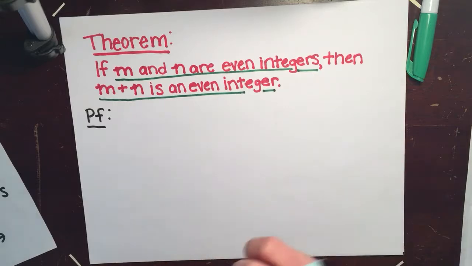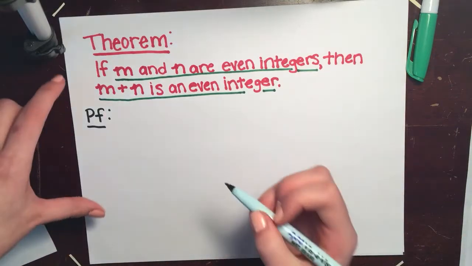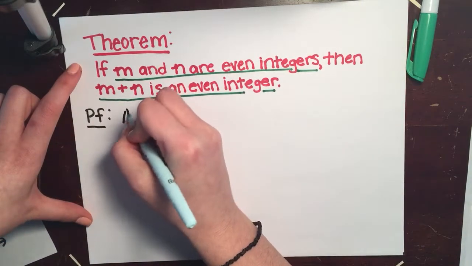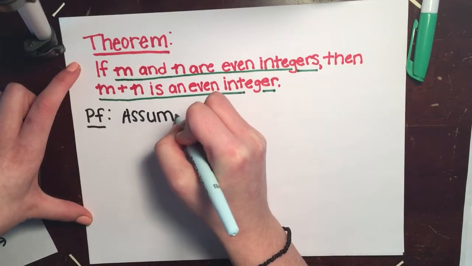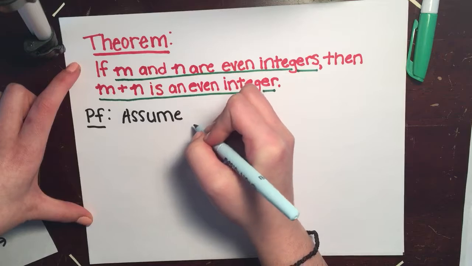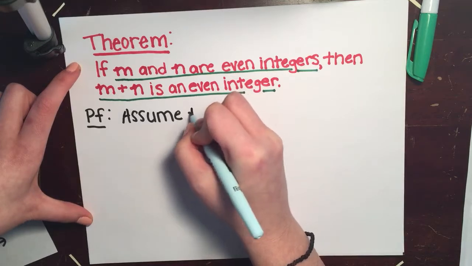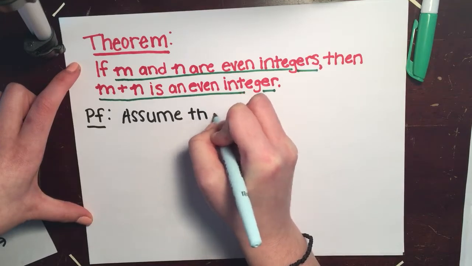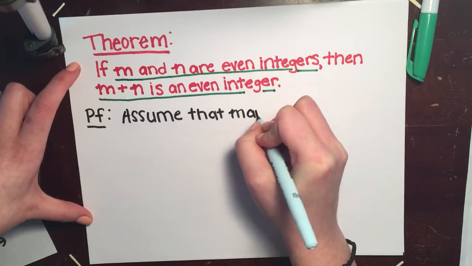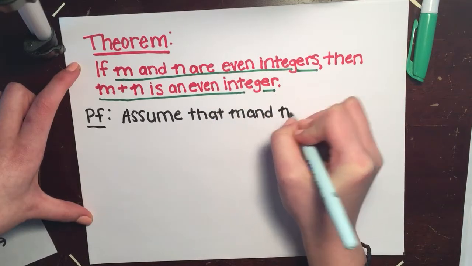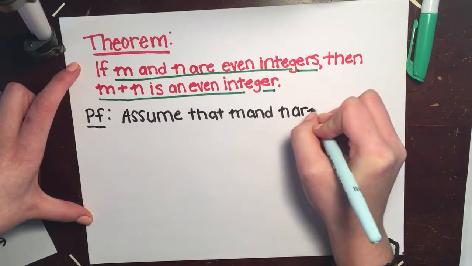So what did we say first? First, we're going to assume the hypothesis. So we assume that m and n are even integers.